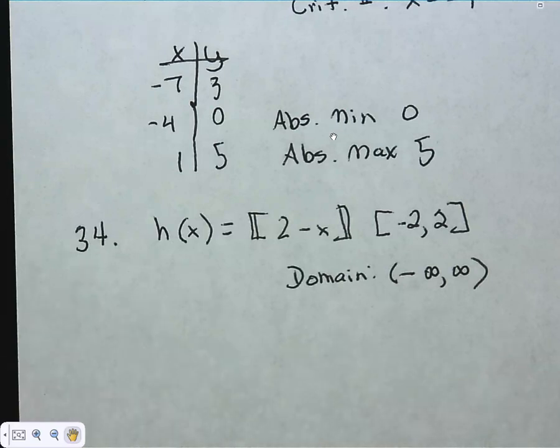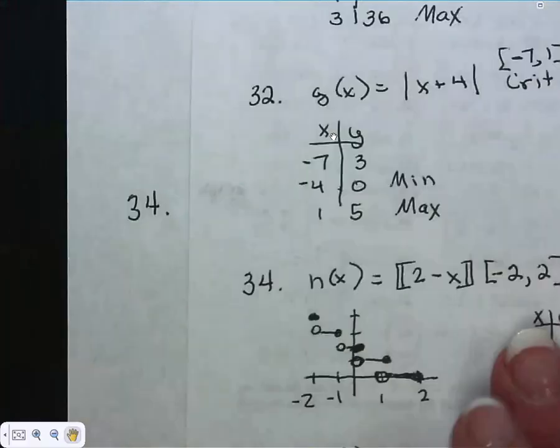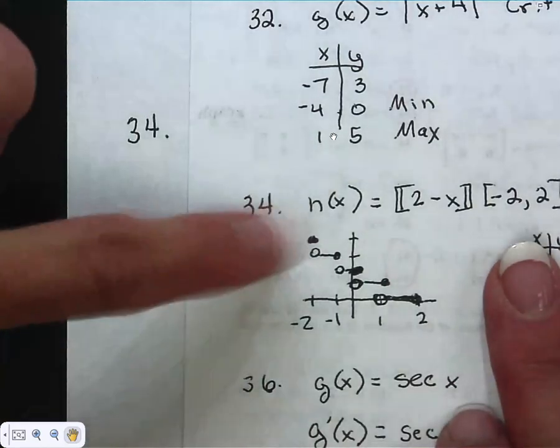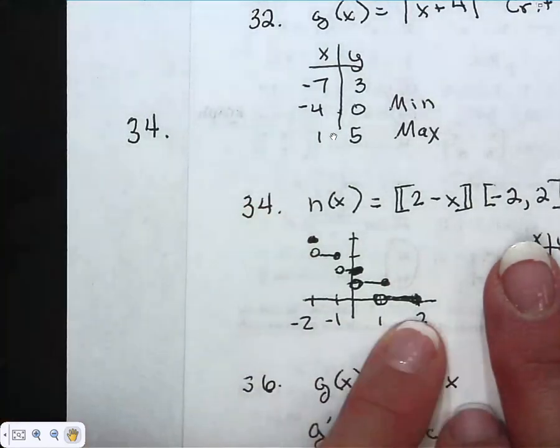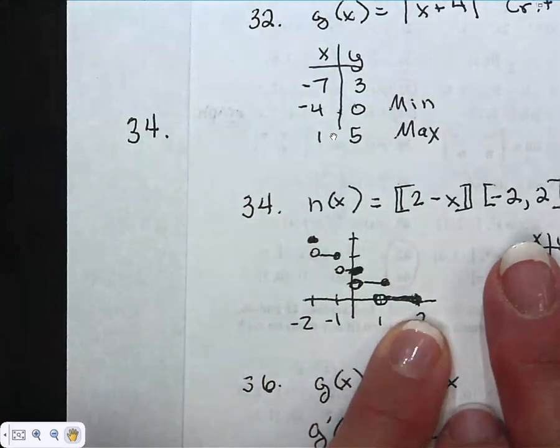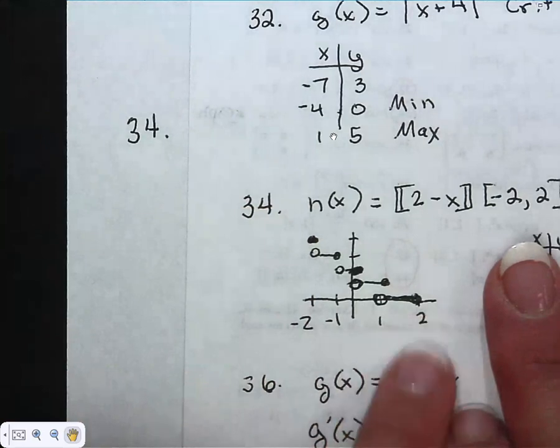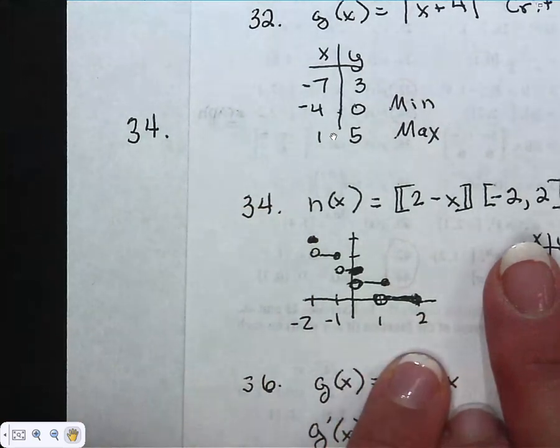Because I know what the graph looks like, because I graphed it last night, I know that its highest point is going to be at the left endpoint, and its lowest point is going to be at the right endpoint. And again, that was not doing any calculus. That's just what I know the graph of the greatest integer function looks like.